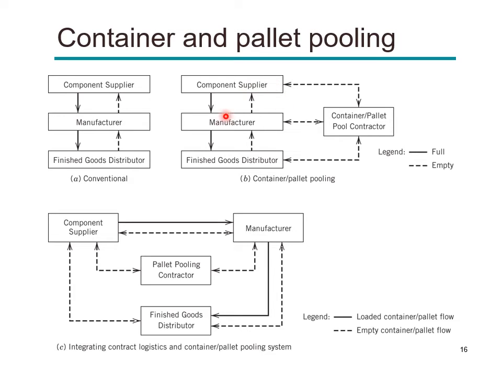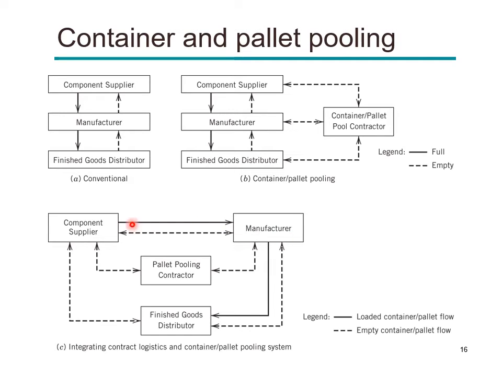But whenever there is a need, you don't buy new pallets or containers, you just ask the contractor so that they send you. And also, if there are some excess amount of pallets or containers, then you call them and they take it from you. So you don't store empty pallets. They are managing these pallets and containers for you.